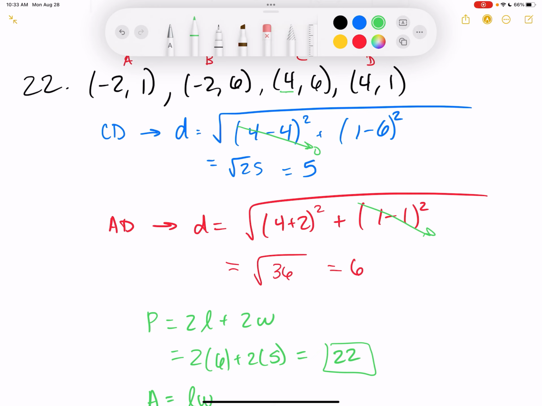This had 4 and 4 the same. And then I knew I also needed one with the y values being the same, because if the x values are the same, it's giving me the up and down distance.